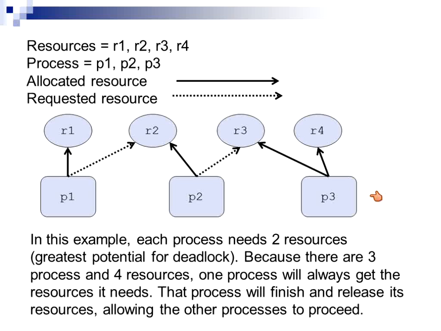Okay? In this case, there would be no deadlock because P3 has both of the resources that it needs, and therefore it would be able to execute, eventually release its resources, and then the other processes would be able to proceed.